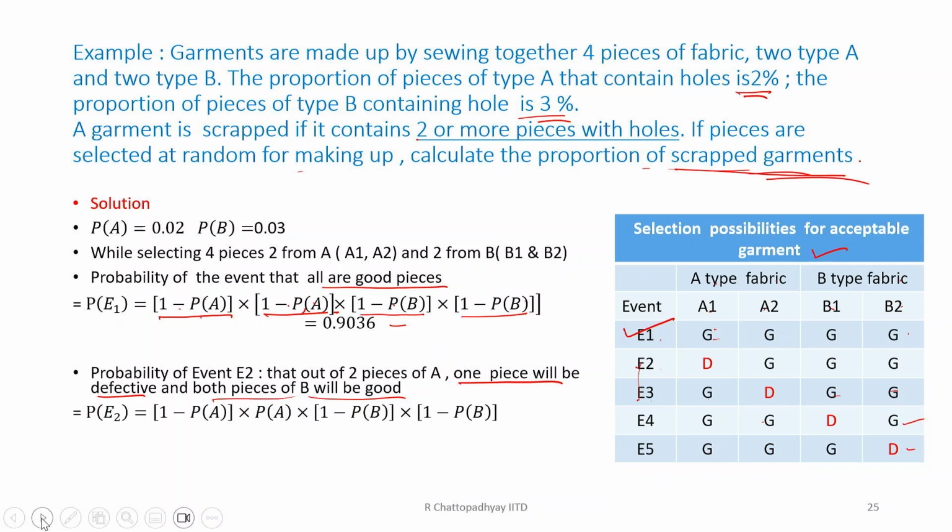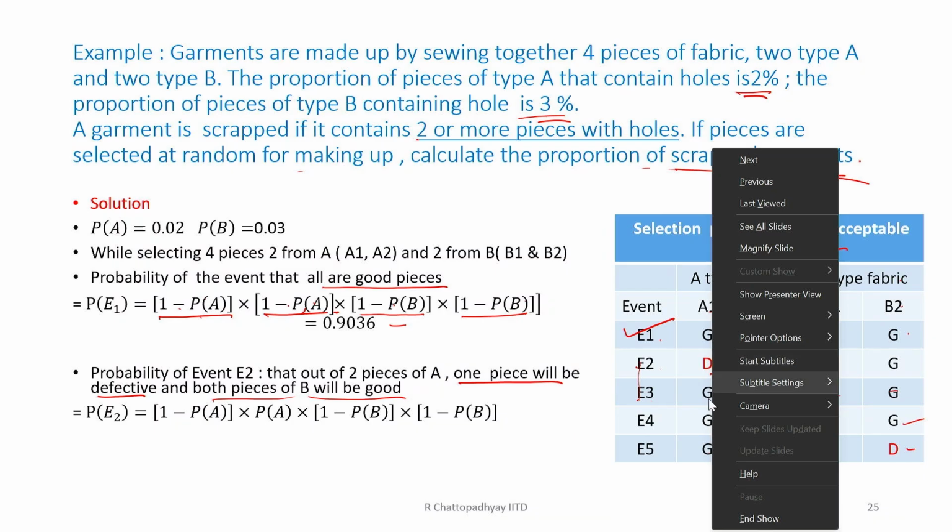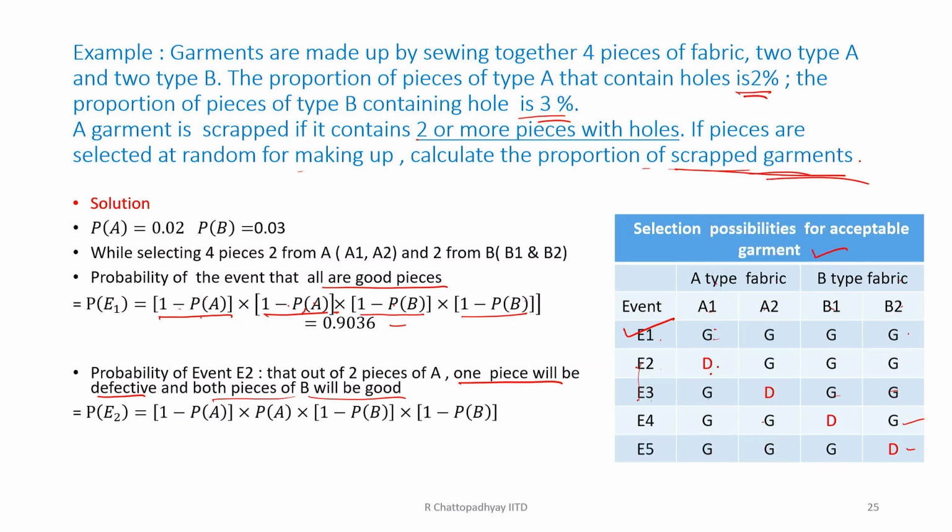Well, I can write this E2 is how much? 1 minus PA for A1 not defective, sorry. So it will be 1 minus PA. Then this one is defective. One of them is defective into PA, and the rest two are not defective, 1 minus PB into 1 minus PB. So if I put the values, this will give you a figure, 0.0184.